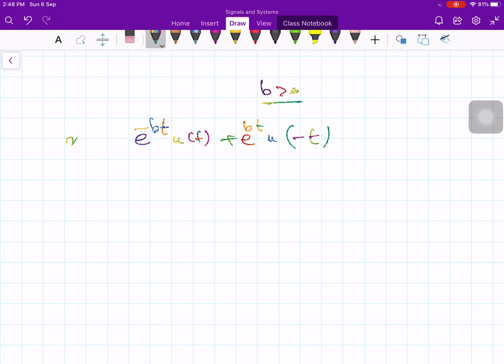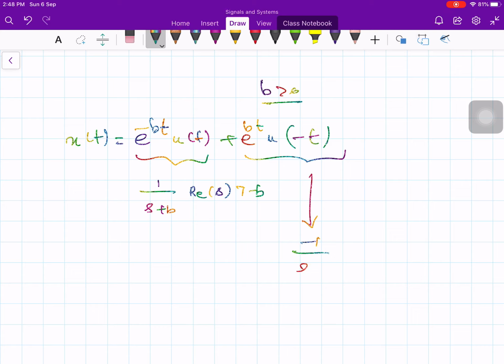Now if you find the Laplace transform, this guy has 1 divided by s plus b, where real of s is greater than minus b, and this guy has the Laplace transform of minus 1 divided by s minus b, and real of s is less than plus b.